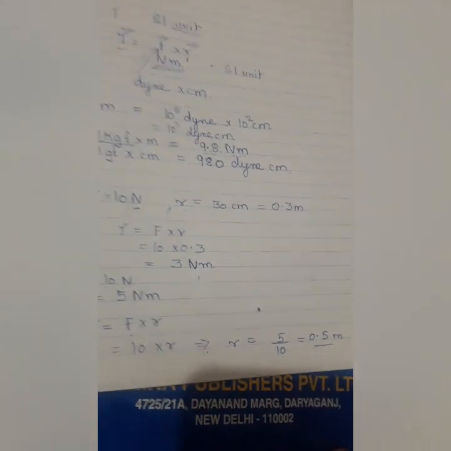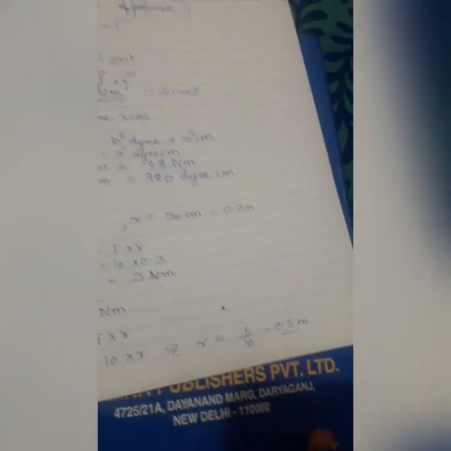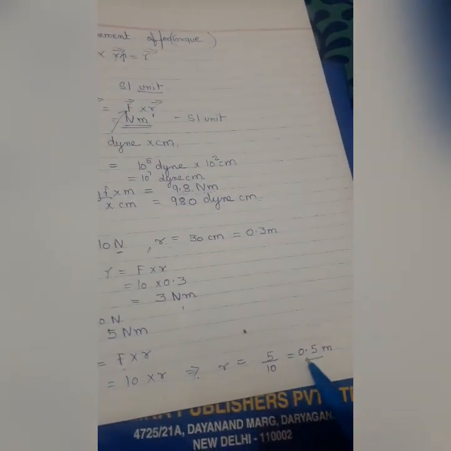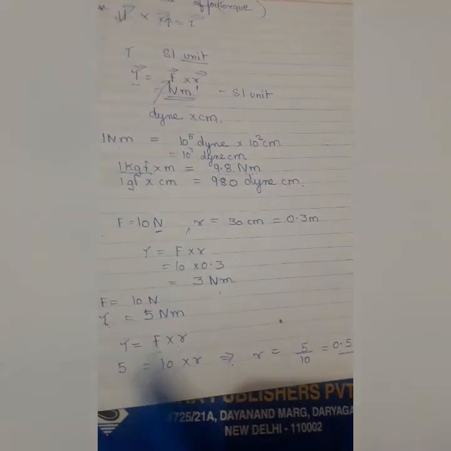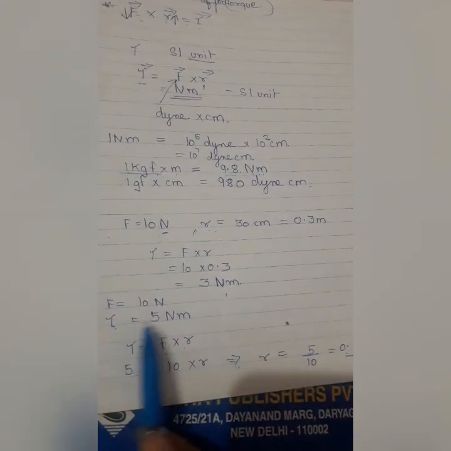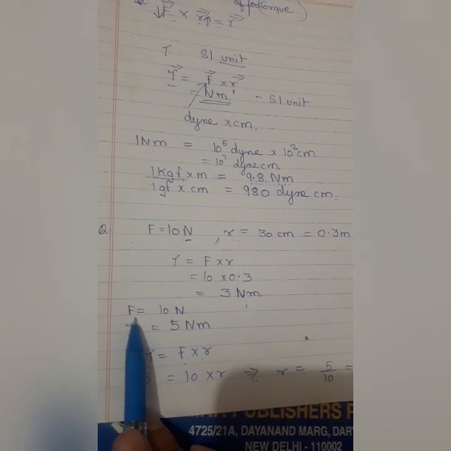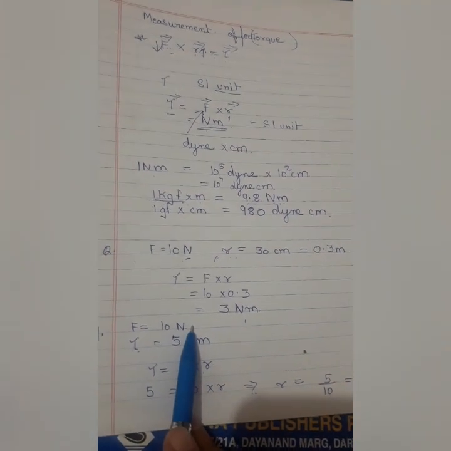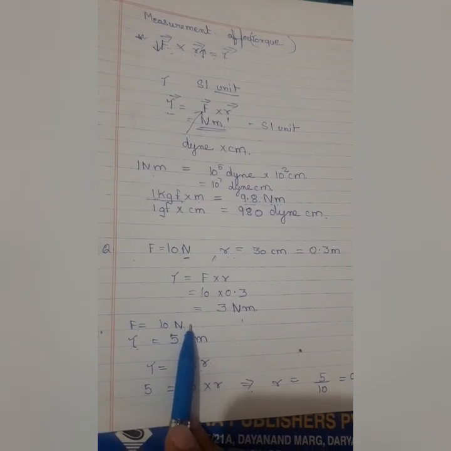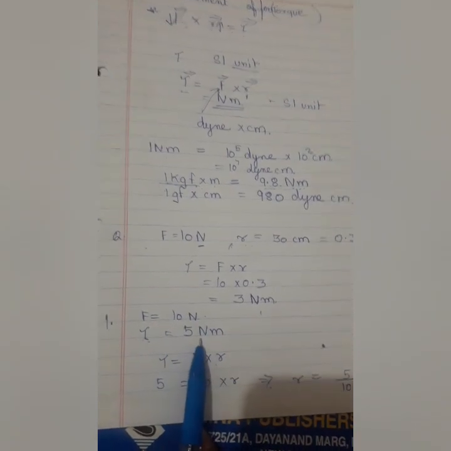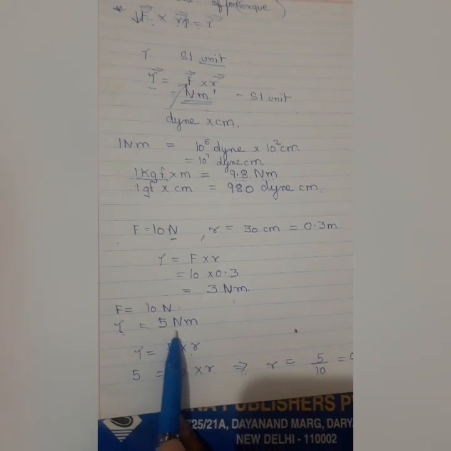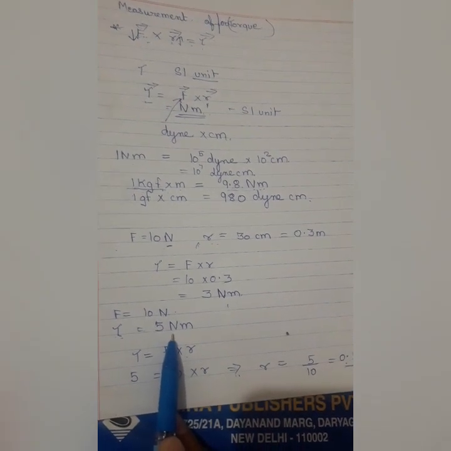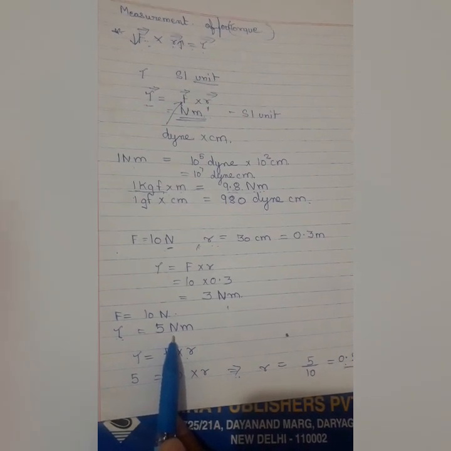So remember, it's a vector quantity, and we can easily calculate this. Once again, let me quickly revise the numerical. The force is given in the question, 10 Newton. The moment of force of 10 Newton about a fixed point O is 5 Newton meter. Now the question part is to calculate the distance of the point O from the line of action of force.